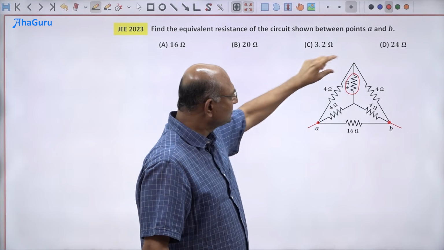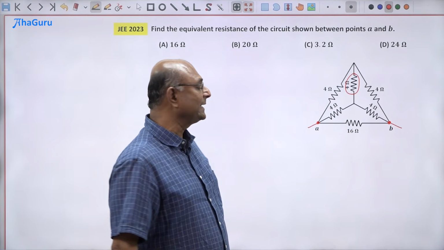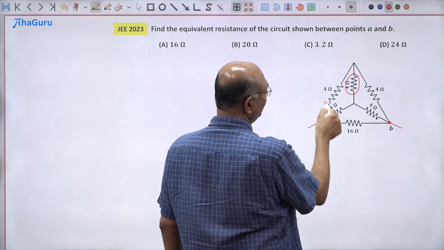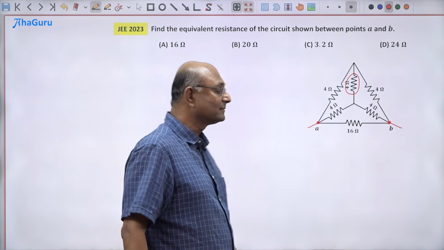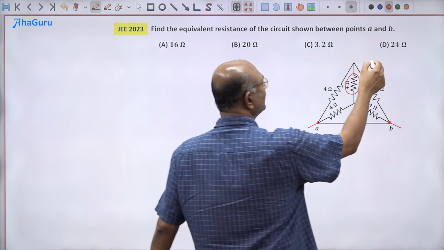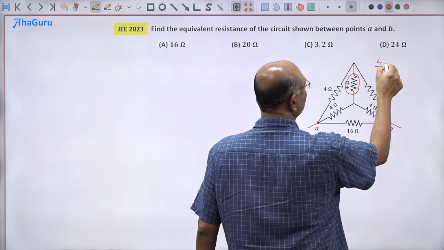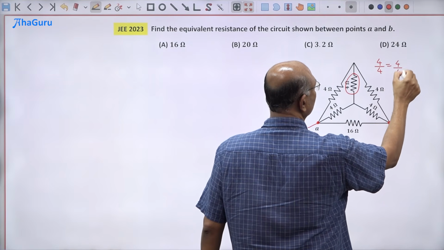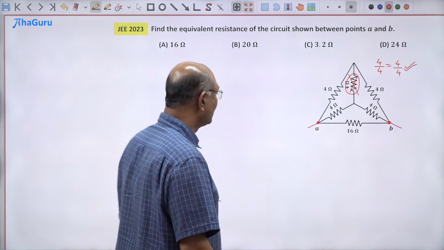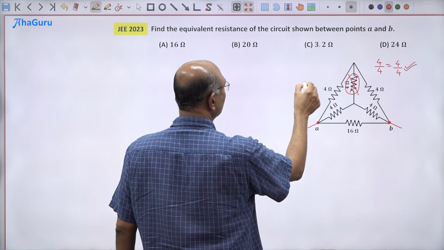So for Wheatstone's bridge, if I can remove X, things get easier, right? Can I remove X? Well, is 4 by 4 equal to 4 by 4? Yes. R1 by R2 is equal to R3 by R4, right? So 4 by 4 is equal to 4 by 4. So we can remove this. And if I remove this, how will it look?